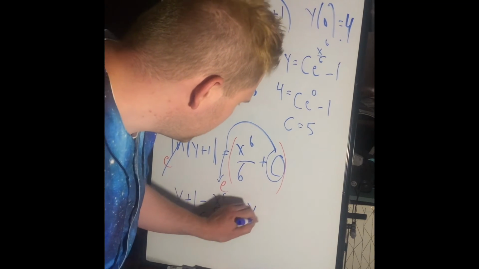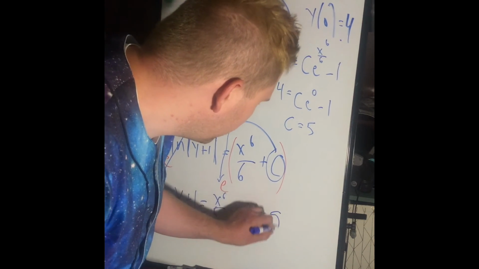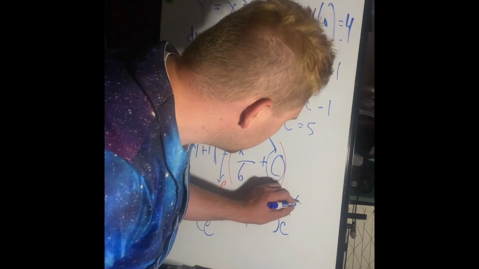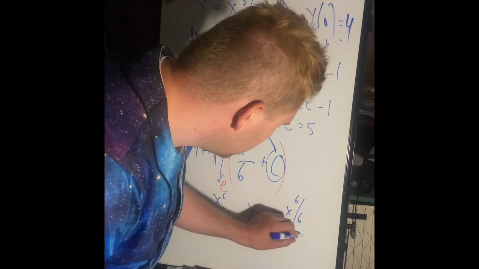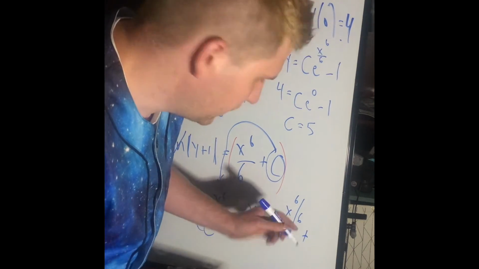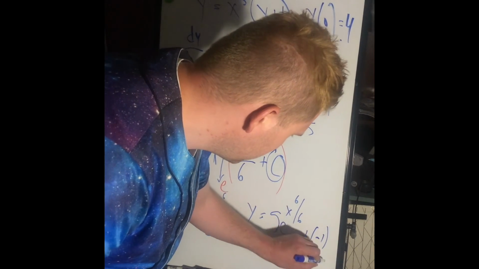So y is equal to 5 e to the x to the 6th over 6, minus 1.